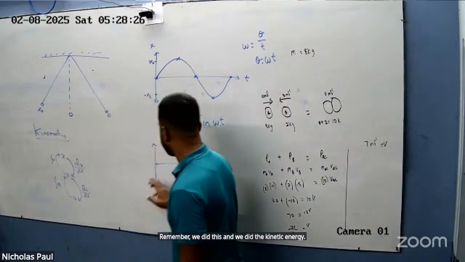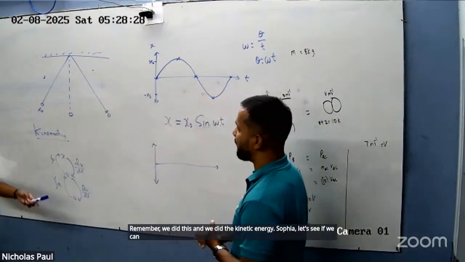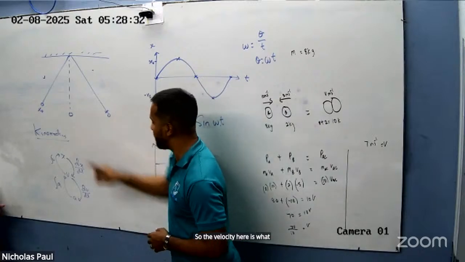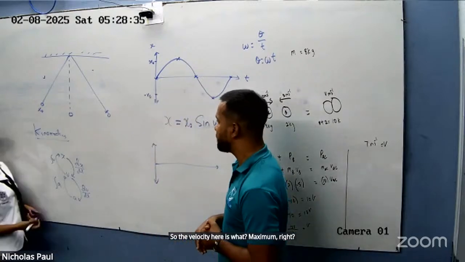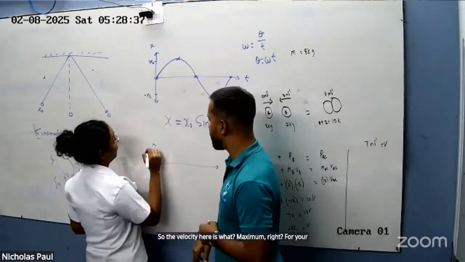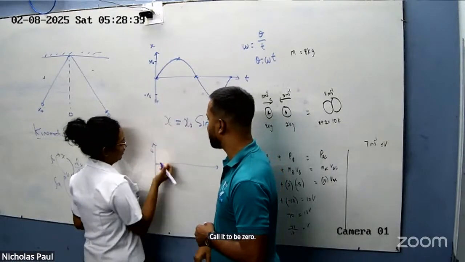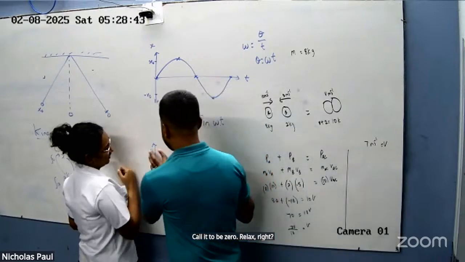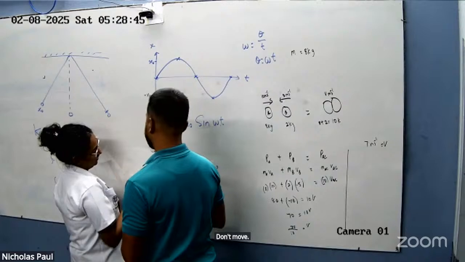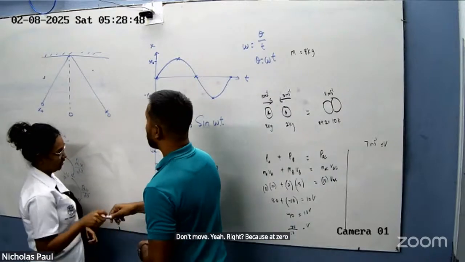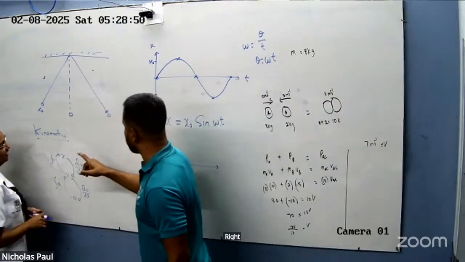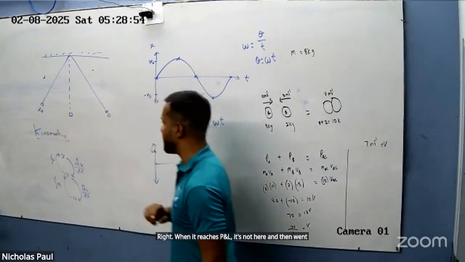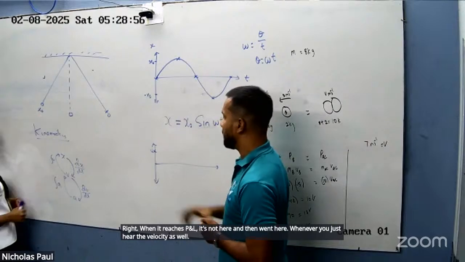So Faith, let's see if we can put together the graph. So the velocity here is what? Maximum, right? So for your x, call it v0. For your little x here down below. Because at 0 is that, right? When it reaches here, the velocity is what? So put 0.